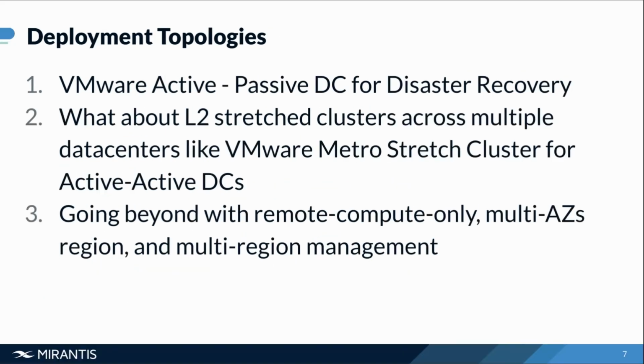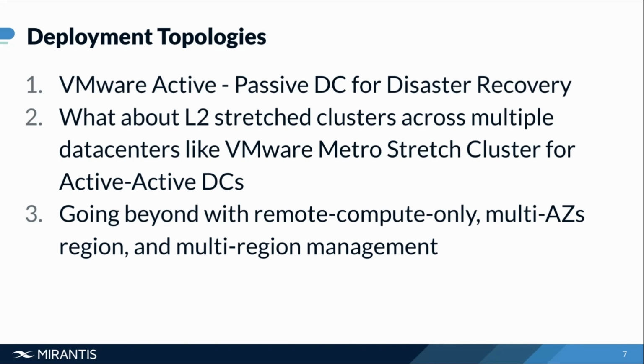All right. So let's move on to the deployment topologies, right? A very, very common deployment topology in VMware that we use is typically active-passive data centers, right? When you have active-passive data centers, typically your workloads run from a primary data center, and the passive data center is there in case of DR, right?